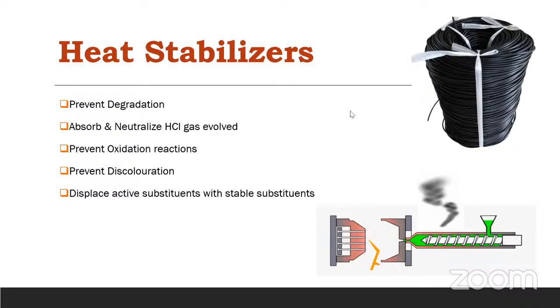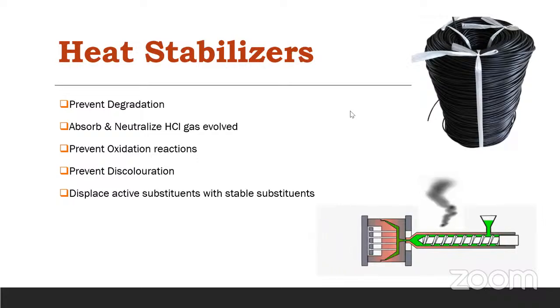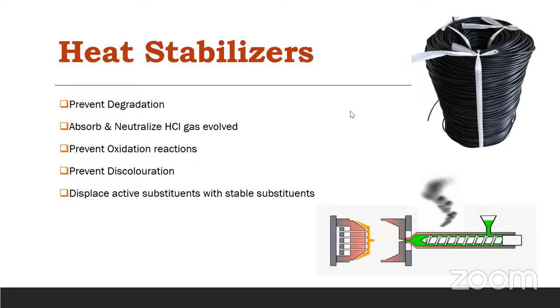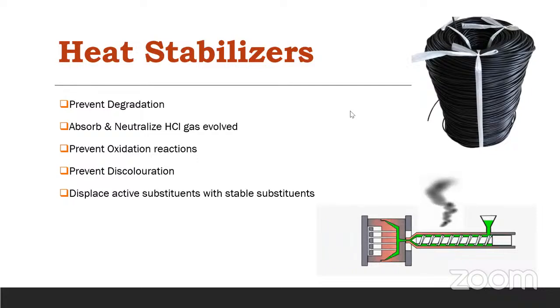Mostly PVC is the prominent one for which heat stabilizers are used. There are other polymers also, depending upon your processing temperature. Let's give an example of polyhydroxybutyrate. As polyhydroxybutyrate is one of the biopolymers, it has a narrow processing window, and it has a tendency to degrade at lower temperatures.